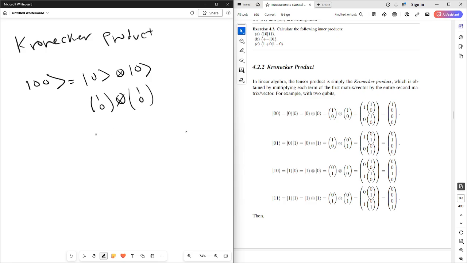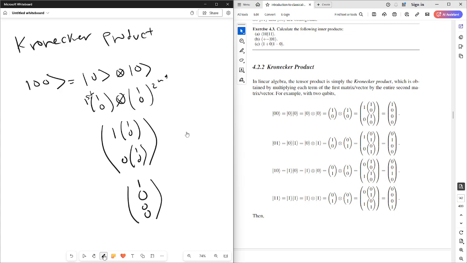The Kronecker product is where we multiply each term of the first matrix by the entire second. So this is our first matrix, this is our second. We wind up with a column vector of 1 times 1, 0, and 0 times 1, 0, which gives us a 4 by 1 column vector of 1, 0, 0, 0.